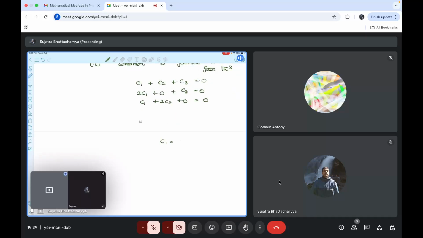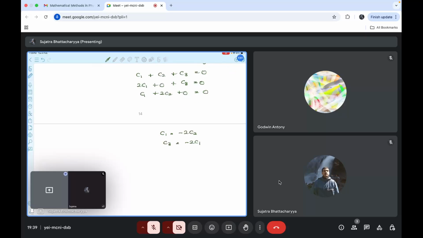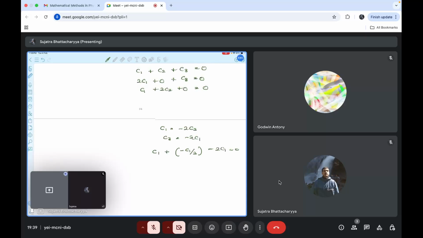So C1 will be equal to minus 2C2. C3 will be equal to minus 2C1. Now we can put it in the first equation. C1 plus C2, and C2 can be written as minus C1 by 2, and C3 is minus 2C1, that is equal to 0.